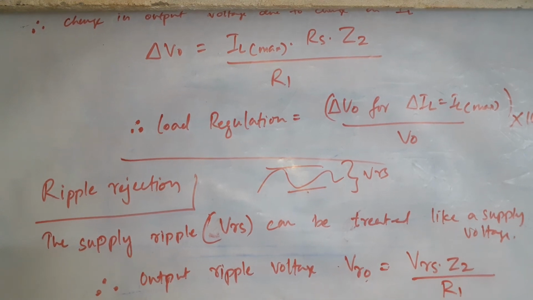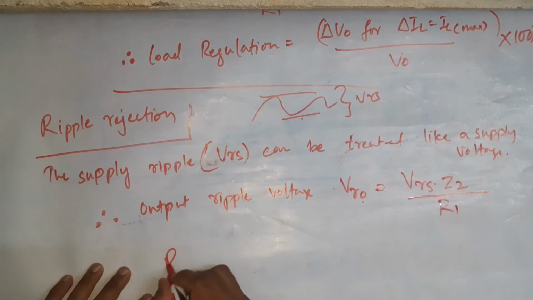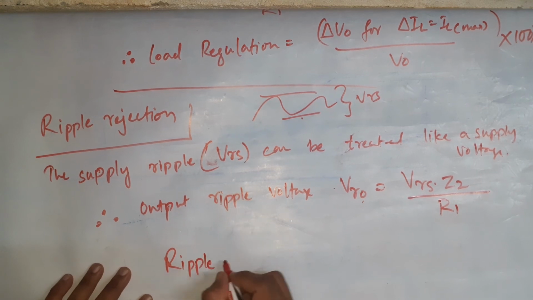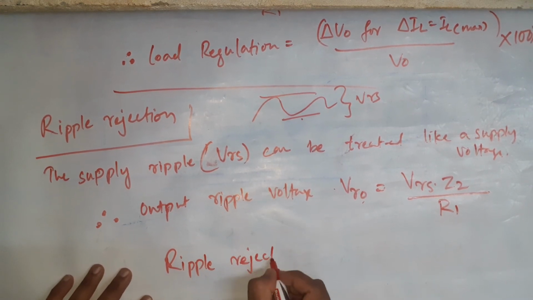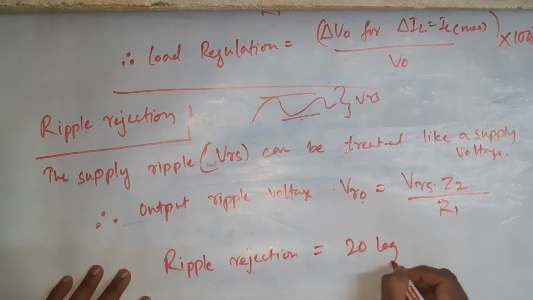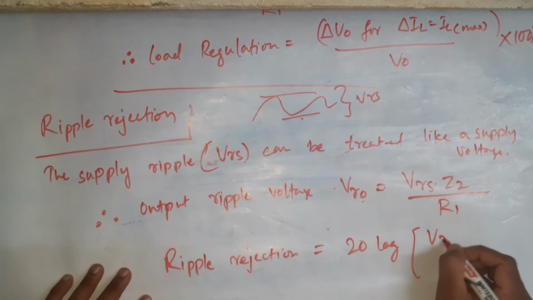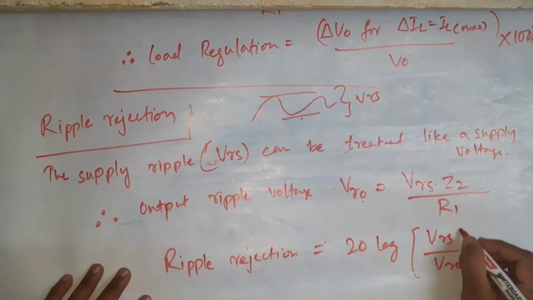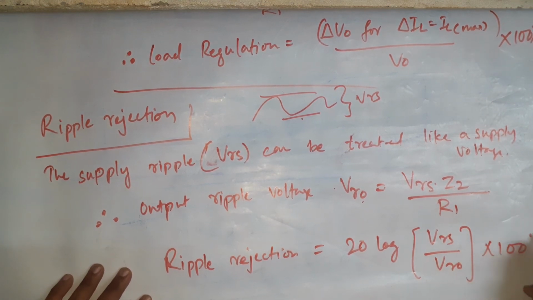We can write in this form. Therefore, ripple rejection can be summarized like this: VRS divided by VR0 into 100%.